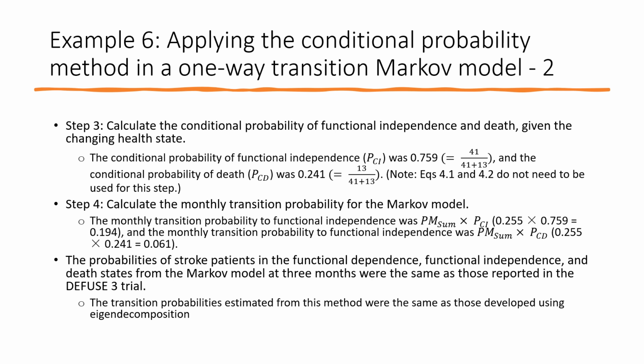We ran our Markov model using the monthly transition probabilities by the conditional probability method. The probabilities of stroke patients in functional independence and death states from the Markov model at 3 months were same as those reported in the clinical trial.